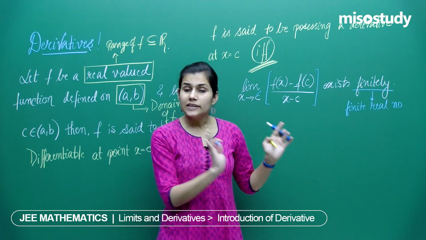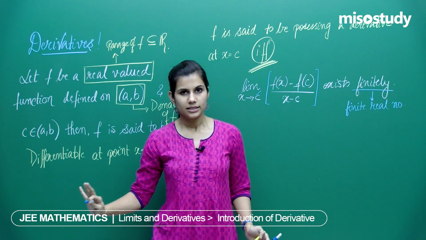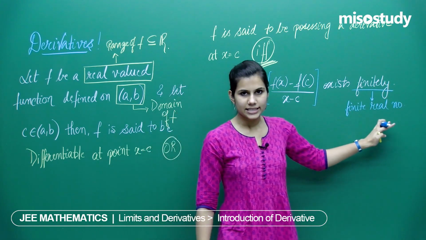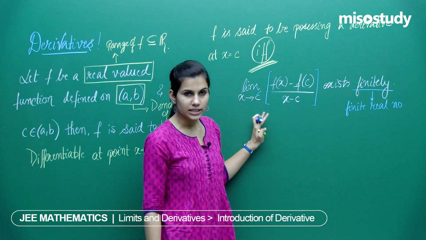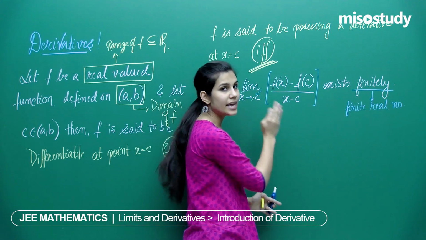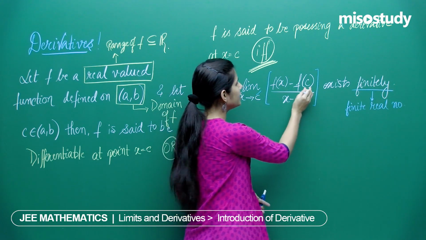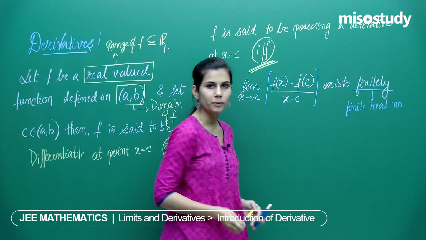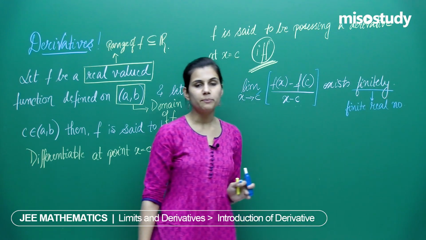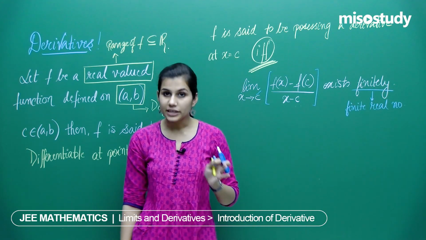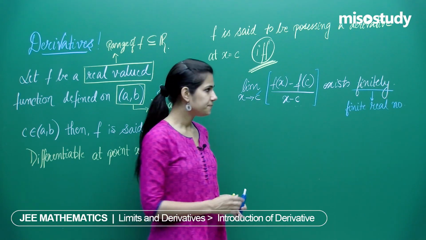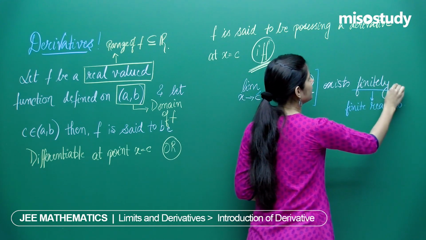Leaving these three cases, all other cases give me the limit as a finite distinct real number. In those cases in which as x approaches c, this function approaches a finite real number, I say that my function f, real valued function, is differentiable at this specific point of the domain which is c. Understood? This is the definition of f being derivable or f being differentiable or f possessing a derivative at the point c. Fine? This is the definition.